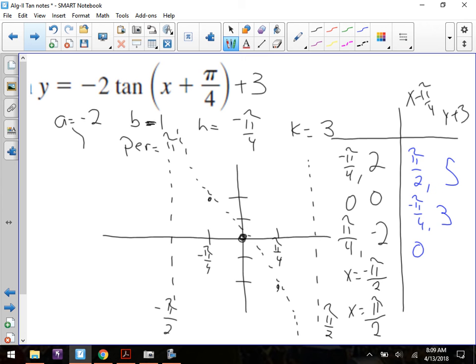And this would be at 0 and 1. My new asymptotes, if I move to the left of pi over 2 by pi over 4, I'm basically adding a quarter to a half and I get 3/4. So I have negative 3/4 pi. And then if I move to the left of 1/2, I get 1/4.